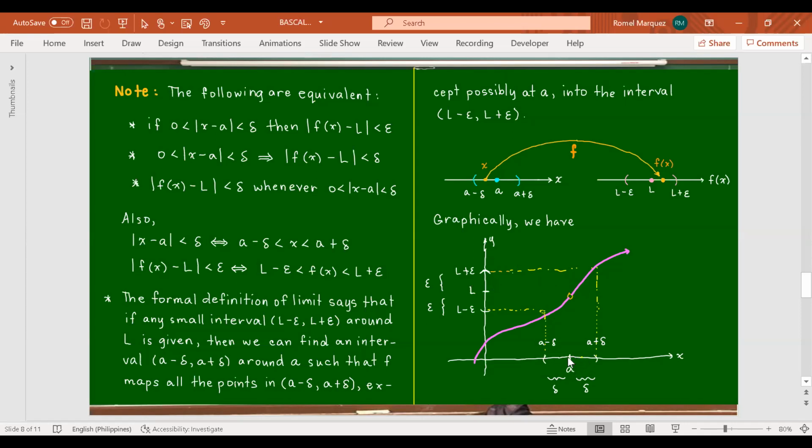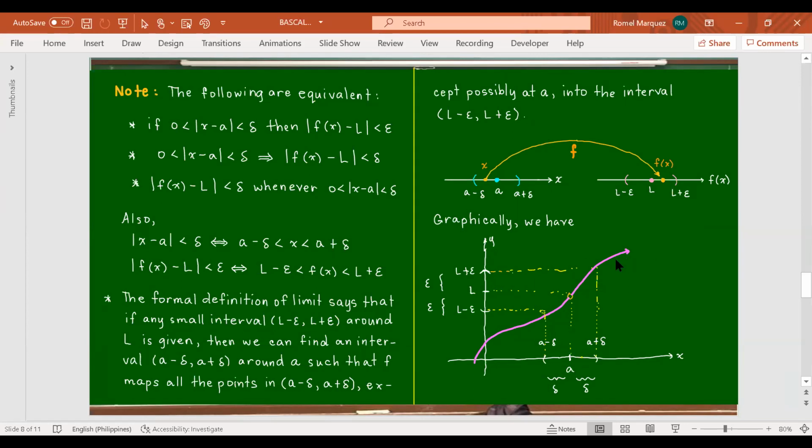And as I get closer and closer, I'll get closer and closer to L. Okay, guys? So this mapping is equivalent to this graphically.